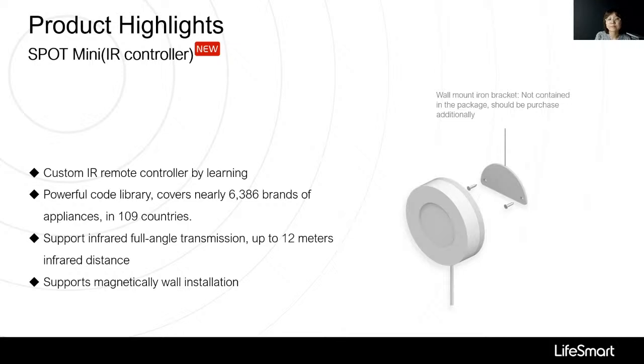This performance is better than Spot, and the size is smaller. Can you see the size? The size is smaller, and it can also have the wall bracket. The wall bracket can be installed on the wall.